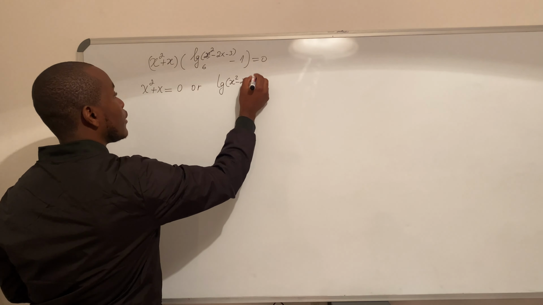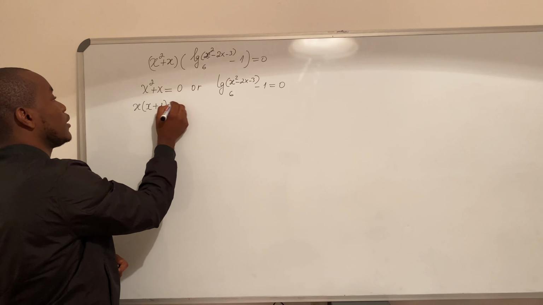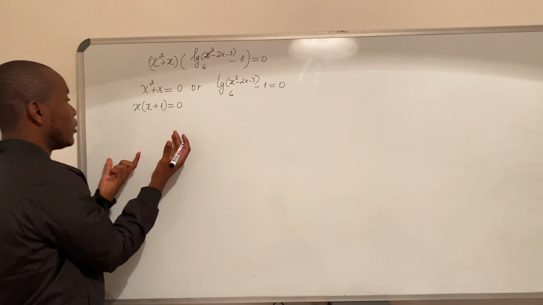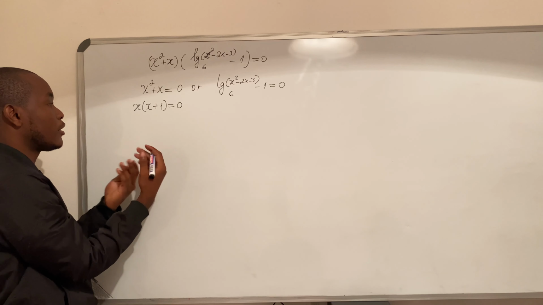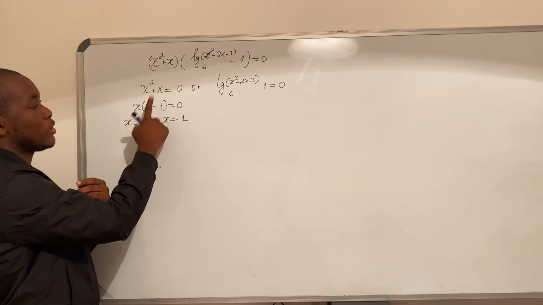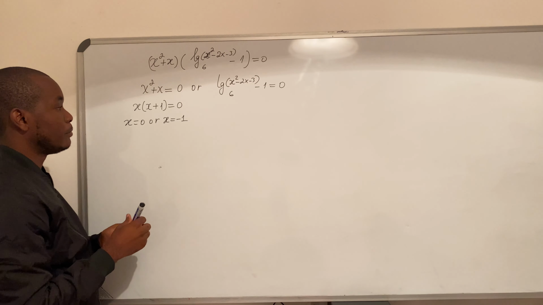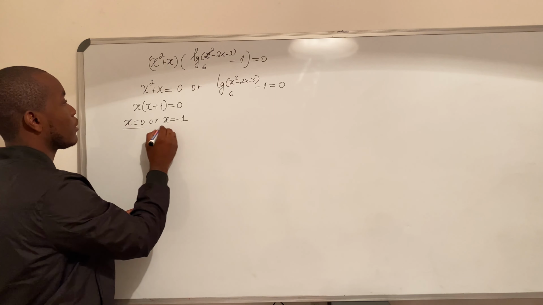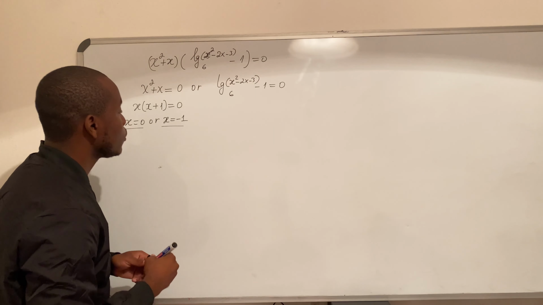I can factorize x here, so x times x plus 1 equal to 0. The same, the product of two numbers is only 0 if at least one of them is 0. So x equal to 0 or x equal to negative 1. So I have already x equal to 0, x equal to negative 1, two of the solutions of my equation.